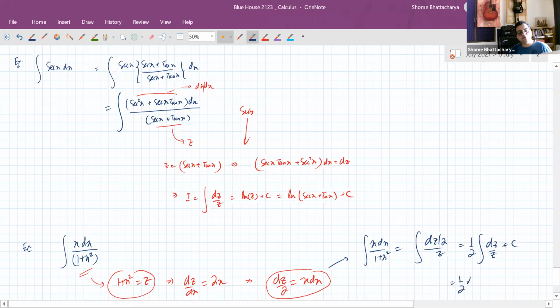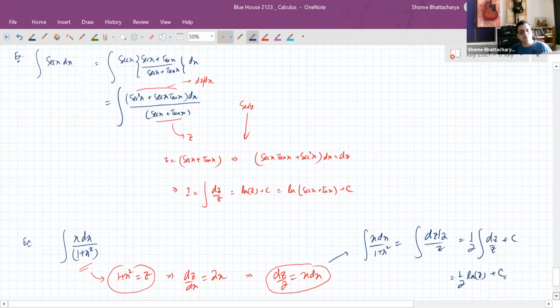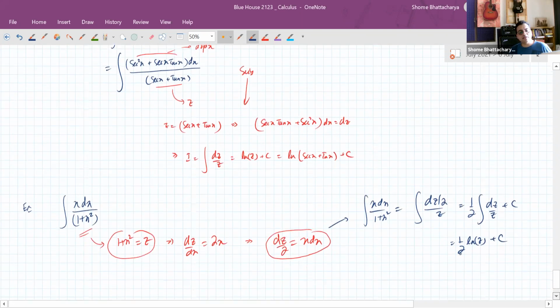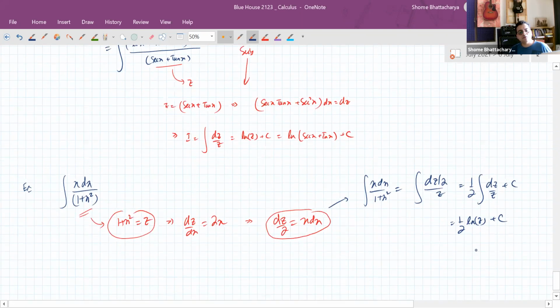So that is 1 by 2 ln z plus c. And one more step here, that 1 by 2 can be taken inside. So it's ln of z to the power half. So it is ln of square root of, now z was how much? 1 plus x square. Yes.